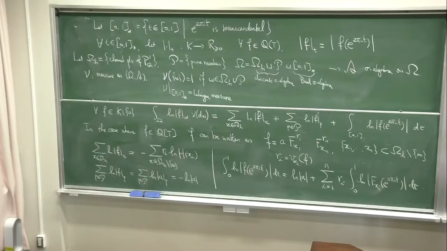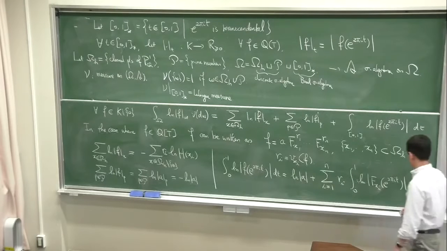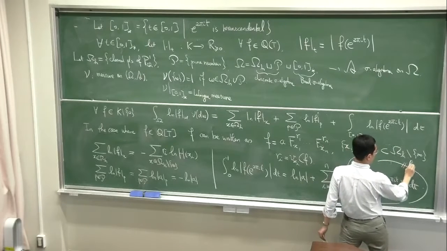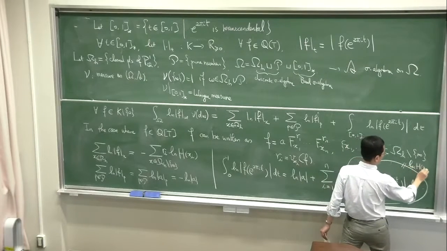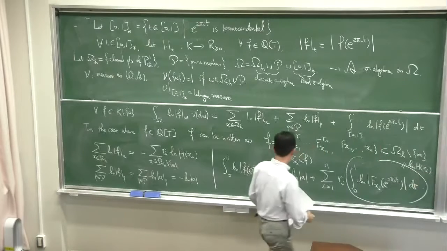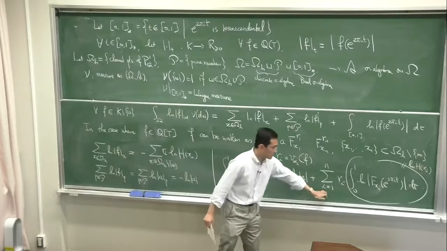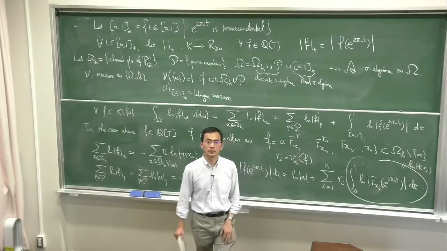So you observe that this is just a log of the Mahler measure. So this one is just a log of h(Xi). So now if you put the sum of this term and this term together, you obtain 0.